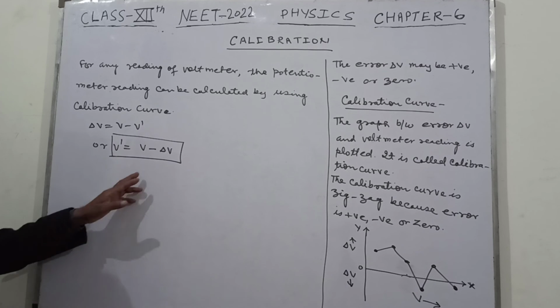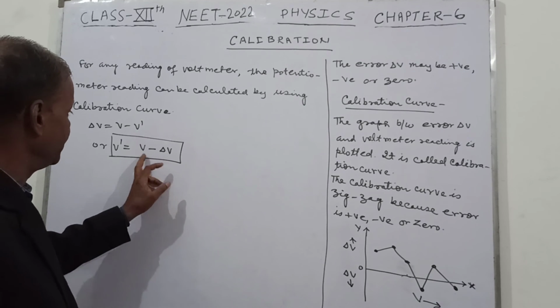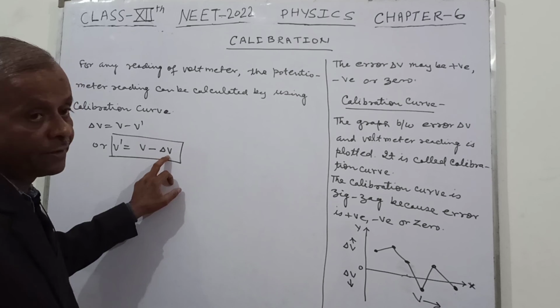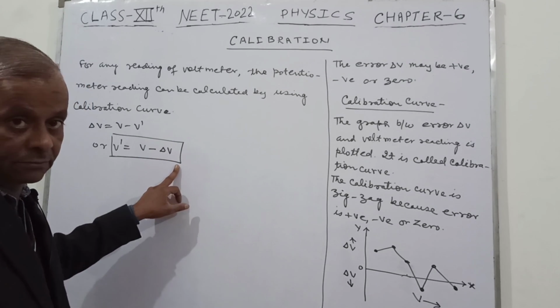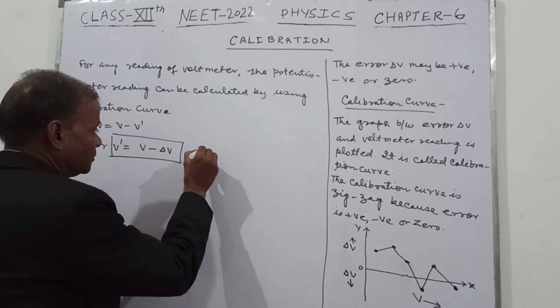And you know that this delta V may be positive and negative, so if it is positive then this is minus delta V, and if delta V is negative then this is to be just added.